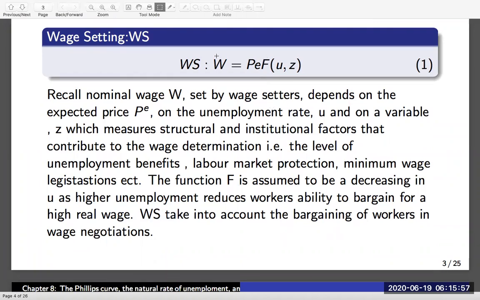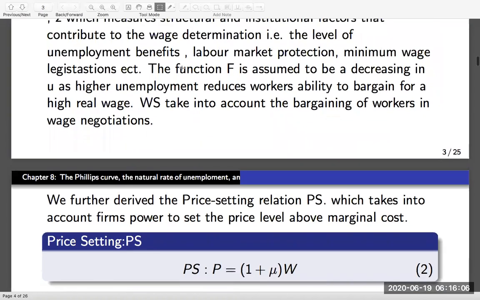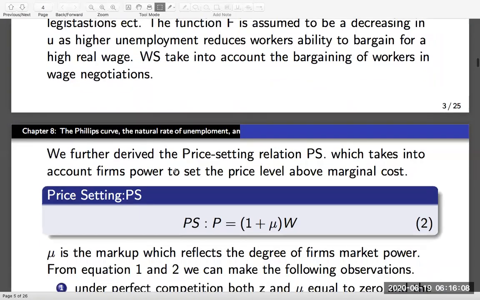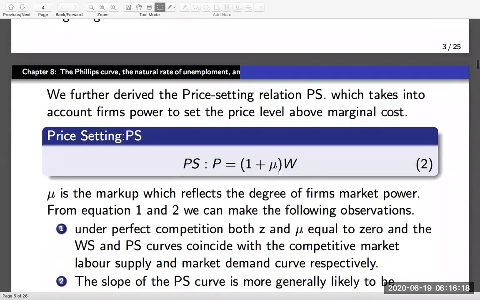There is a negative relationship between your wage and your unemployment, and a positive relationship between your unemployment benefit and your wage. We further derive the price setting. For price setting, we assumed that firms do not set prices as in perfect competition, but can put a markup on the wage they pay workers to get the price.